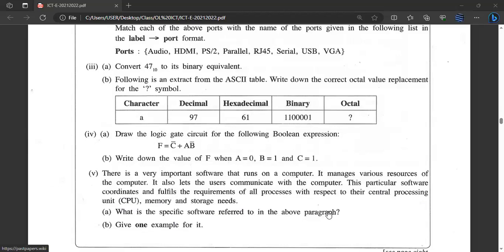That is operating system. Right, so let us write down the answer. Operating system. And they are asking to give one example for it. So we can say Microsoft Windows.